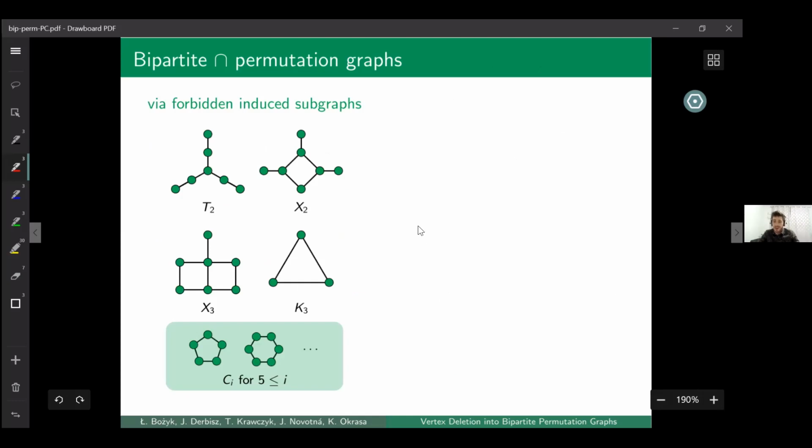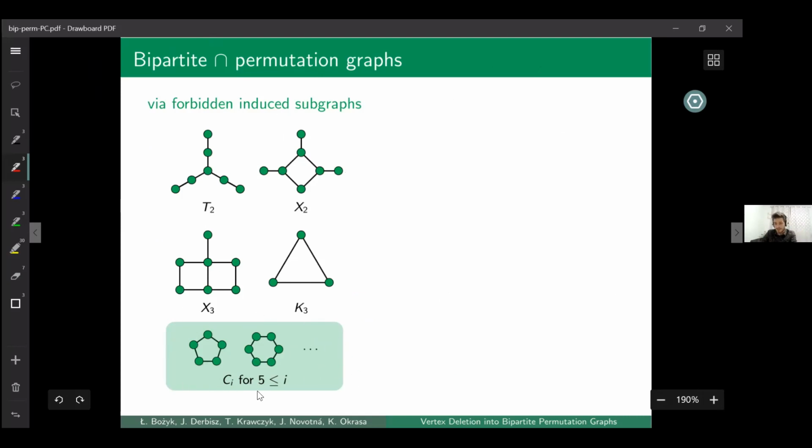But now, as we have this nice small family of forbidden structures, we have defined the bipartite permutation graphs by this. So these are precisely graphs avoiding those four small graphs: the triangle and these 3-7 vertex graphs, and avoiding long induced cycles, right?